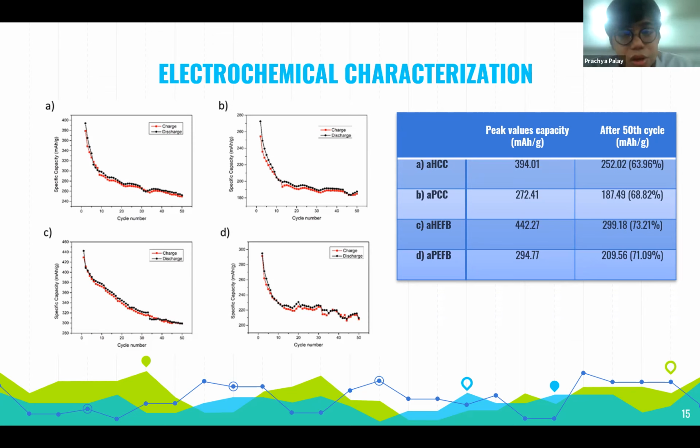The hydrothermal carbonization carbon performed with a higher peak capacity than the carbonization carbon. Besides, after the 30th cycle, the hydrothermal carbon still performs with a high peak when compared with the conventional lithium-ion battery.